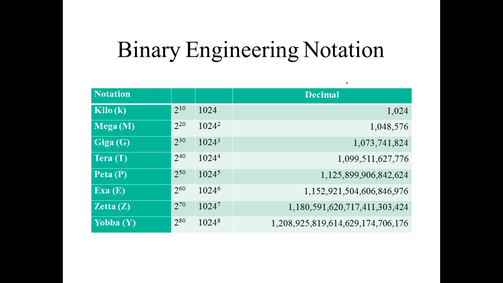So here's another method: 2 to the second, 1024 to the third, to the fourth, to the fifth. Notice every time it starts with 2 to the 10th, and then we don't double it, we just increase it by a power of 10 every time. This is in binary, which gets very confusing.